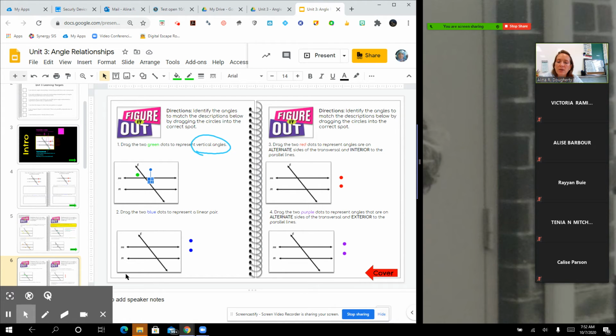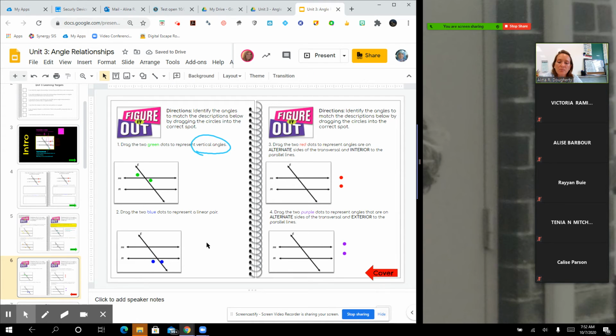And then down here, we wanted a linear pair. I'm going to take these to the southeast intersection. If I put my first dot on that acute angle, I have two choices for the obtuse angle. I can either choose choice A here, or I can move it down here to choice B. Because those two angles make a straight line, right?